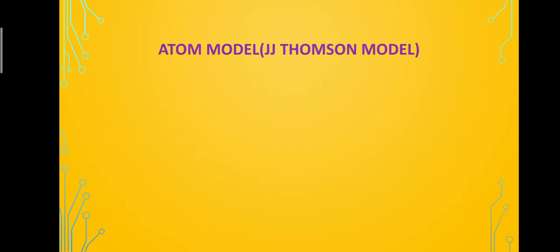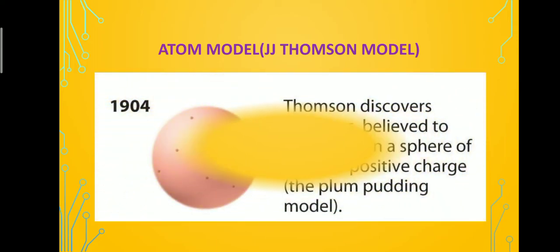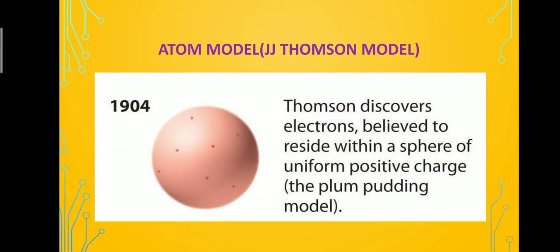Later on, J.J. Thomson discovered the electron, and based on his discovery he said that the atom is no longer indivisible, and he gave a new model, which we call the plum pudding model or watermelon model.